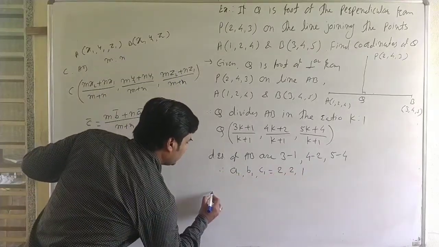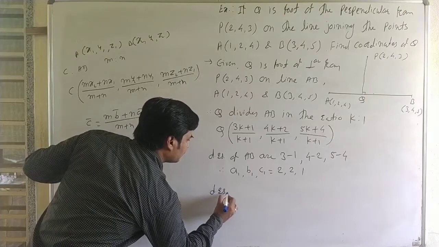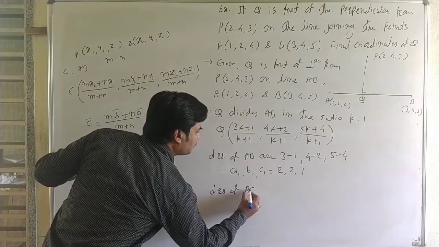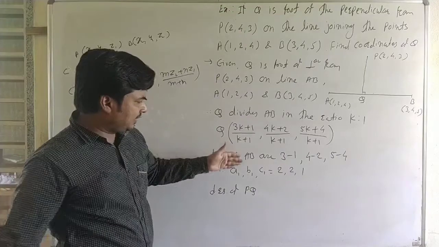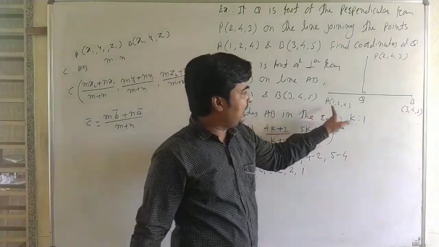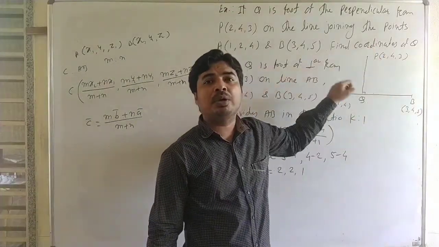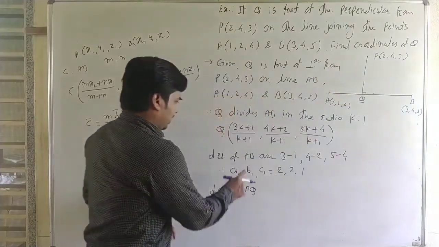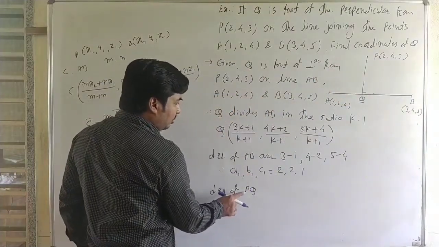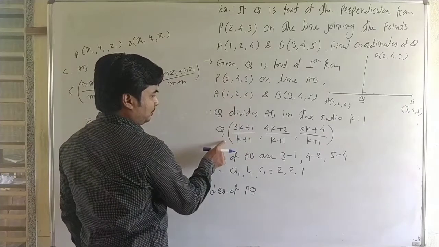Now the direction ratios of PQ. Why do we find the direction ratios of AB and PQ? Because AB and PQ are perpendicular. Here are the direction ratios of AB; now the direction ratios of PQ, where P and Q are the points.